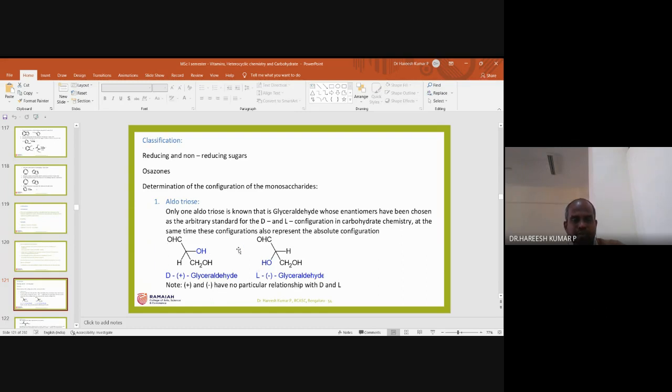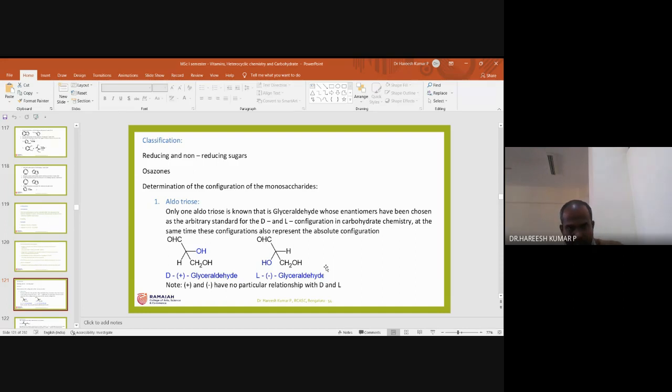They took this itself as the arbitrary standard, and later on this configuration was confirmed, and then it is called absolute configuration.